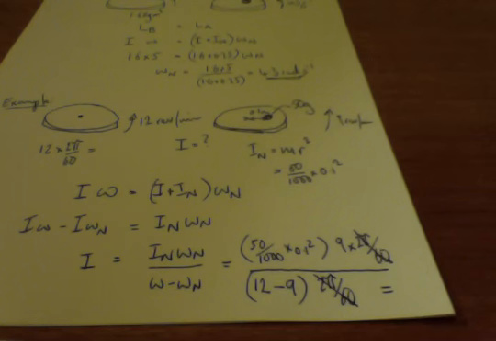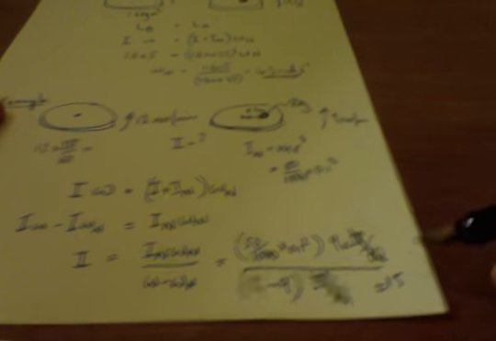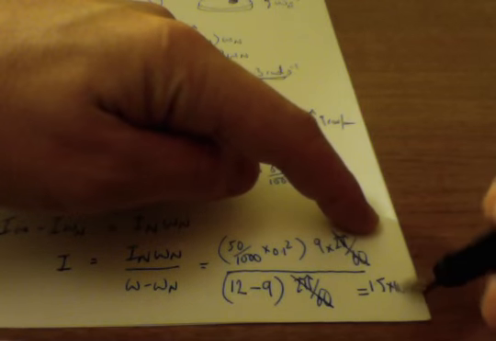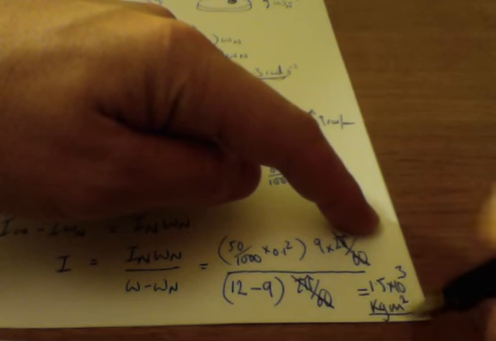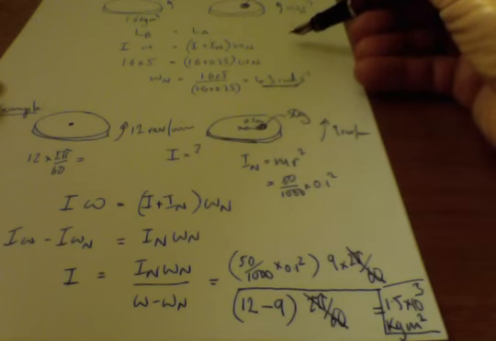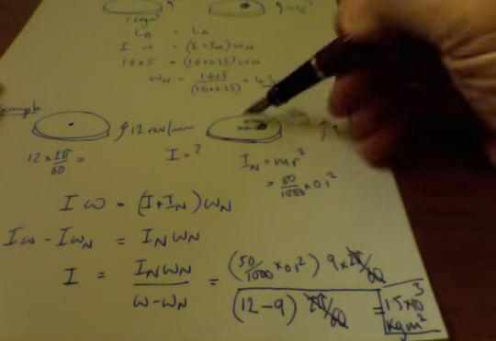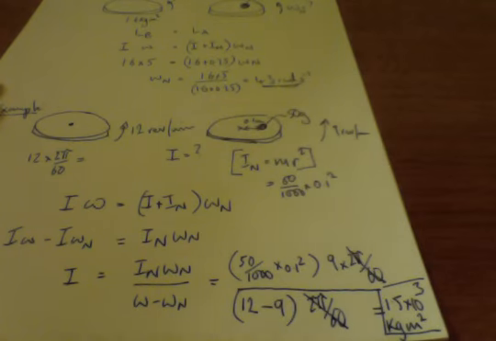It gives us a value of 1.5, sorry this is so small, times 10 to the minus 3 kilogram meters squared. Okay, so much the same as we used before, but two more stages: working out the moment of inertia and rearranging.